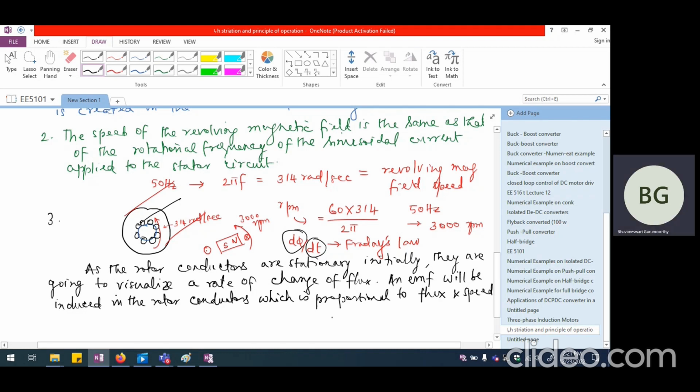So depending upon the speed, dt is going to be very small if the speed is high, and dt will be large if the speed is low. So we are going to see that there is going to be an induced EMF in the rotor conductors depending upon the flux value and the speed value.